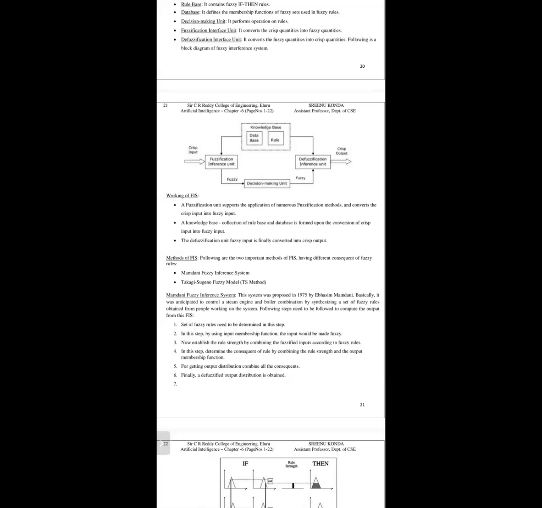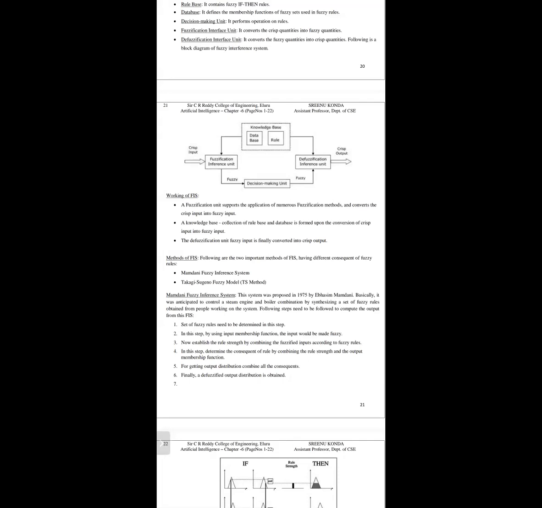This particular system was proposed in 1975 by Ebrahim Mamdani. Okay, so he is the inventor of this particular inference system. Basically, it was anticipated to control a steam engine and boiler combination by synthesizing a set of fuzzy rules obtained from people working on the system.